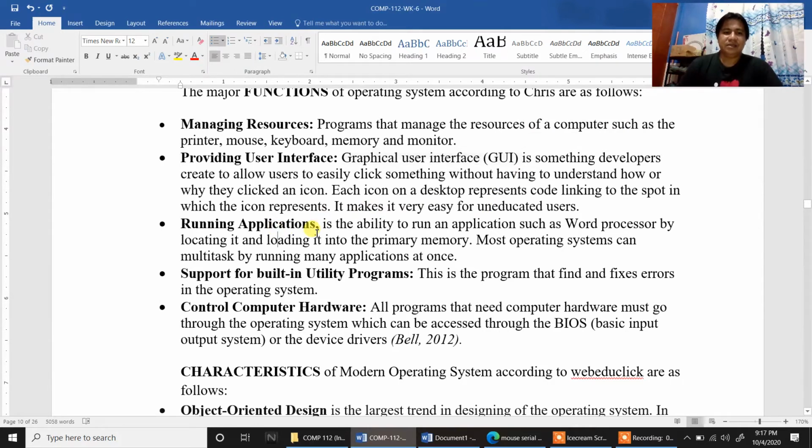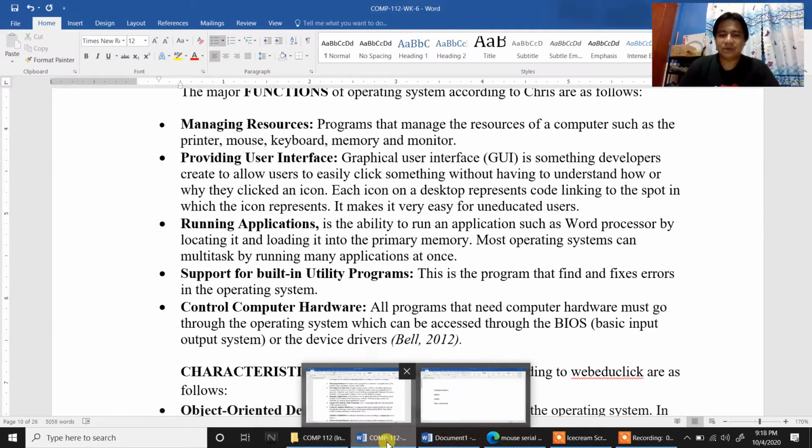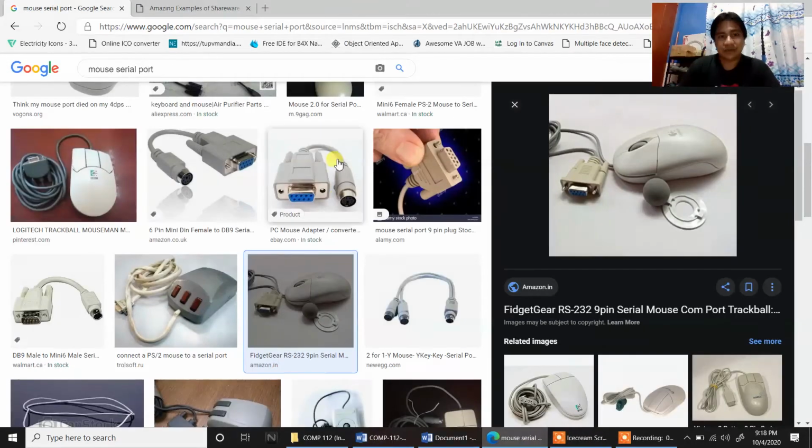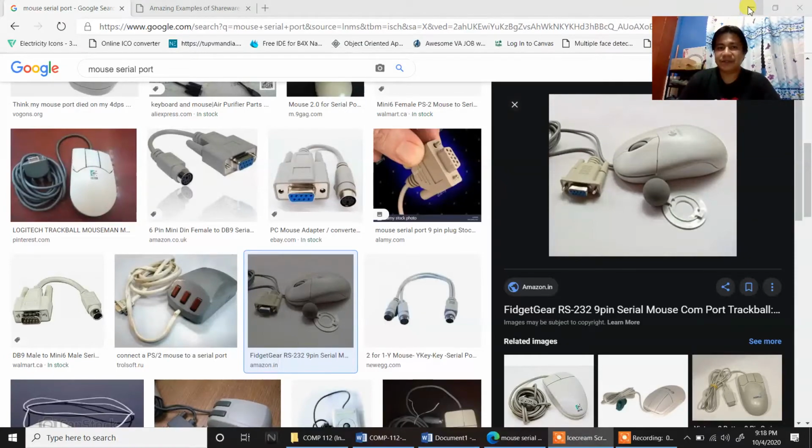Okay, so running application, ability to run an application such as word processor by locating it and loading into primary memory. Most operating systems can multitask by running many applications at once. Which is very true. For example, may folder ko, may Word ko, naka-recorder, pwede mo kung naka-open sang akong nga website or internet using the browser.